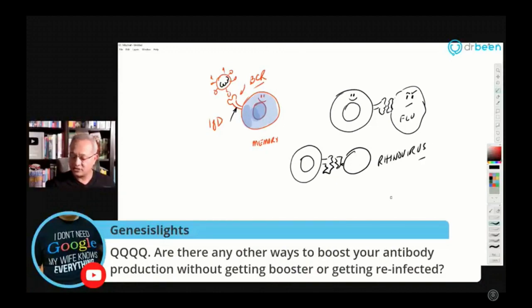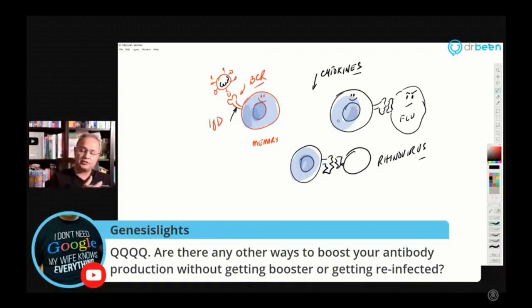Right? Now the question is, is it possible for us to activate these B cells without getting infection or without getting the vaccine? Here is a problem. Let's say we put some cytokines here. The cytokines are the ones that help activate the cells, that are one part of the activation.